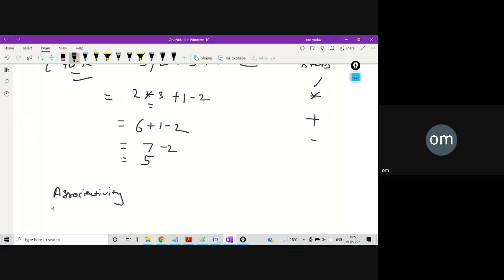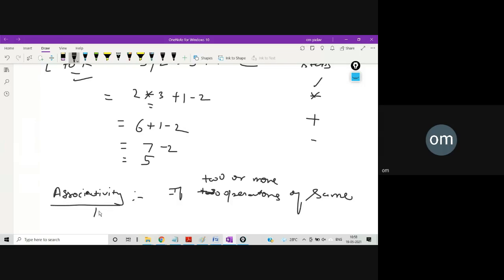If two or more operators of the same precedence level.